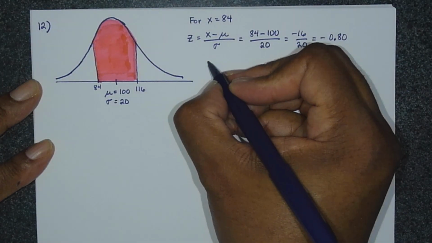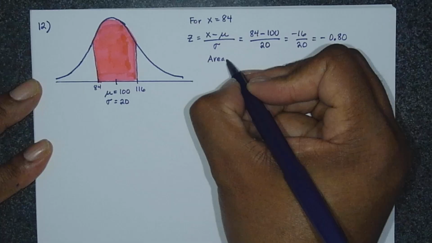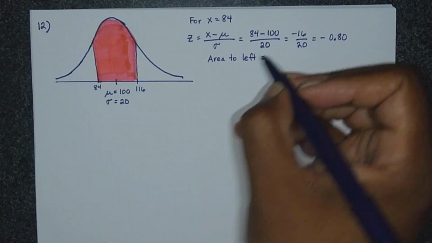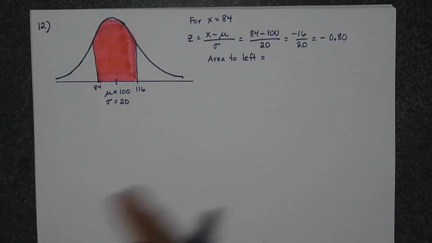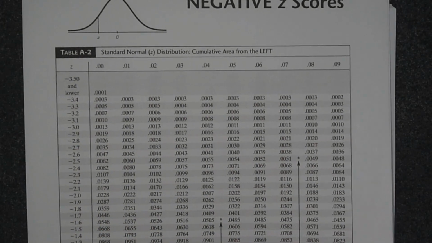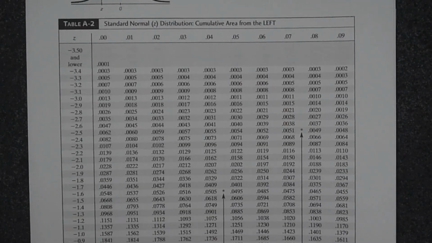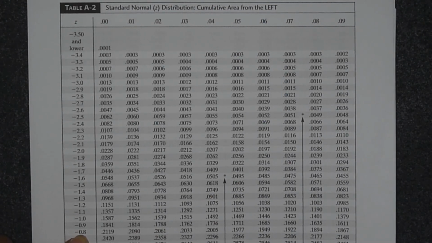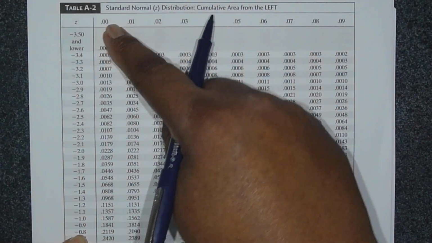Now let's use table A-2 to find the area to the left. The z-score is negative, so we need to look at negative z-scores here. So negative 0.8 is way down here, 0.00 is here.